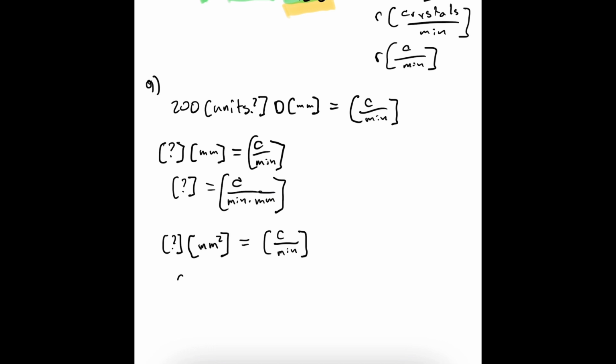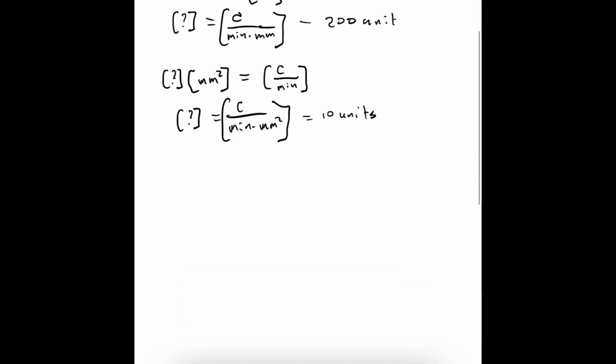Now we just divide both sides by millimeters squared, and we get c over minute per millimeter squared. So those are the units of 10, and these are the units of 200. Okay, so that's the part A.